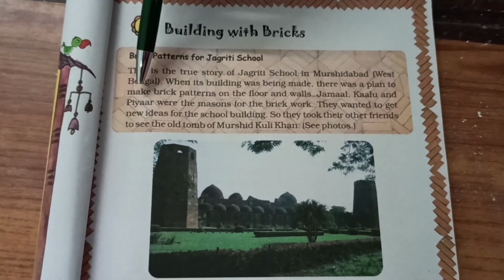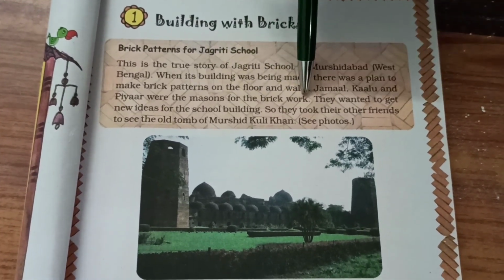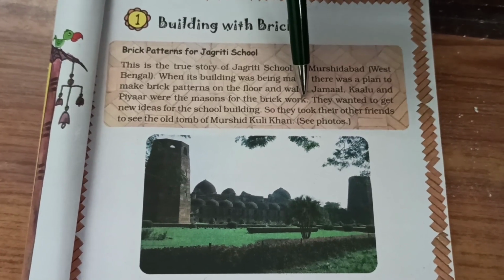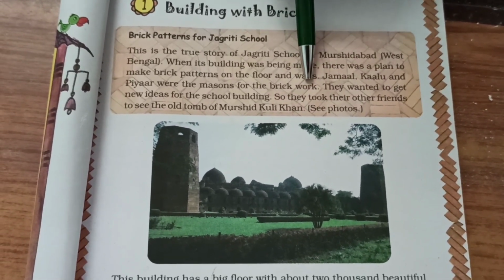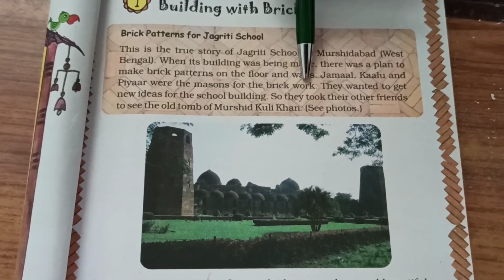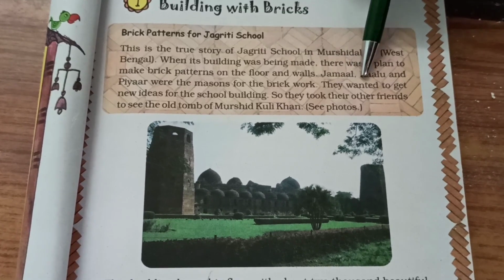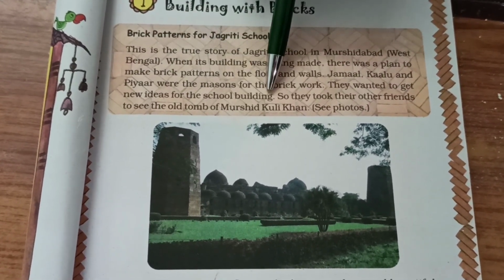Jamal, Kalu and PR were the masons for the brick work. Now brick work, you know, masons are those who work with bricks, using bricks to make walls and floors. So they decided to make something innovative, something different: walls and brick floor patterns. They wanted to get new ideas for the school buildings.